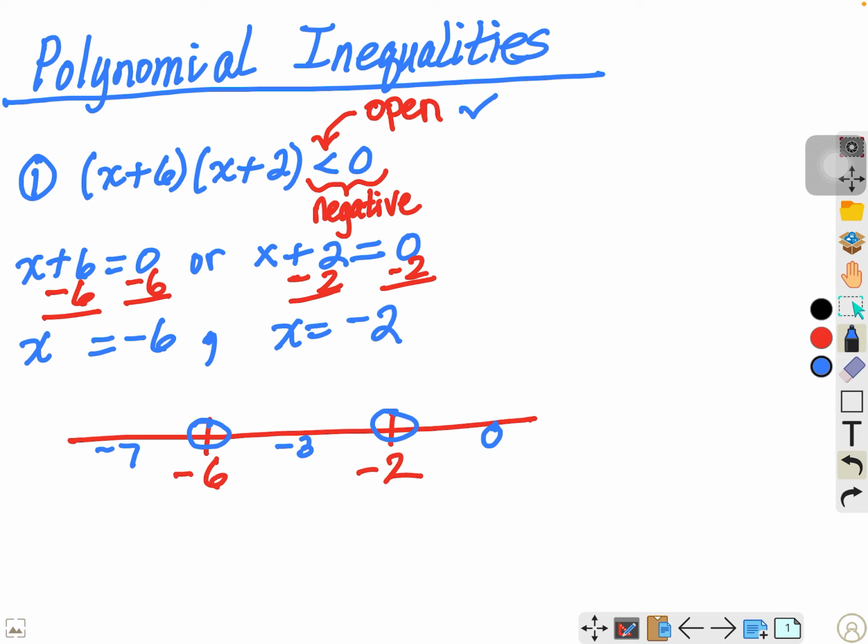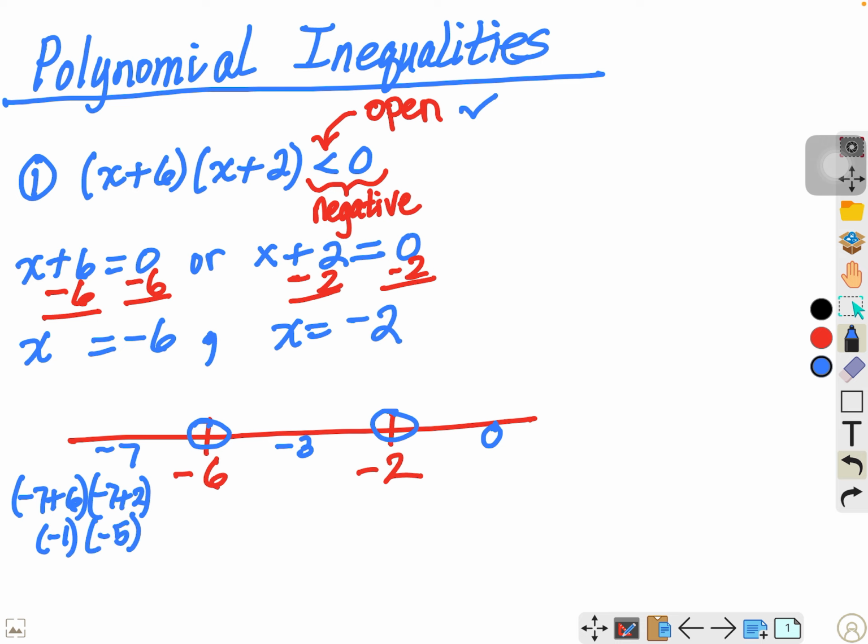So testing negative 7, and I'll write this one out completely. Substitute in for x negative 7, and we get negative 7 plus 6 times the quantity negative 7 plus 2. And we get negative 1 times negative 5.